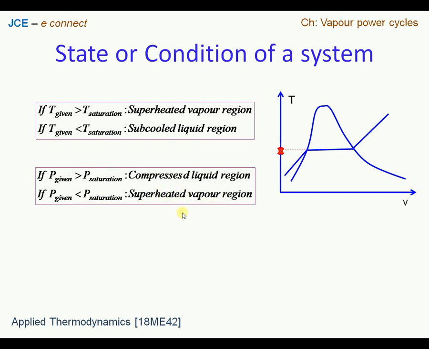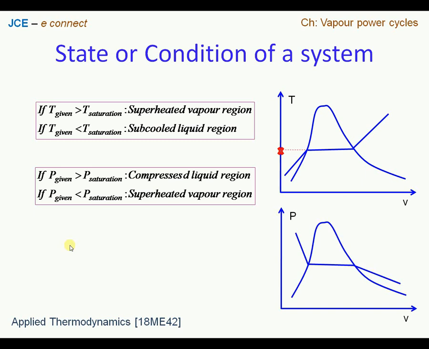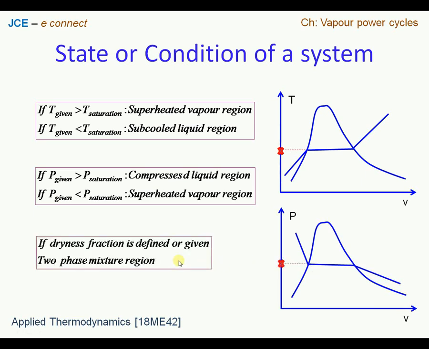So if the dryness fraction is defined, or if it is given to us in the problem, then one can say that it is directly in the two-phase mixture region. So if it is a PV plot, considering the second guideline, when we extend the line and cut the y-axis, the corresponding point will be the saturation pressure.